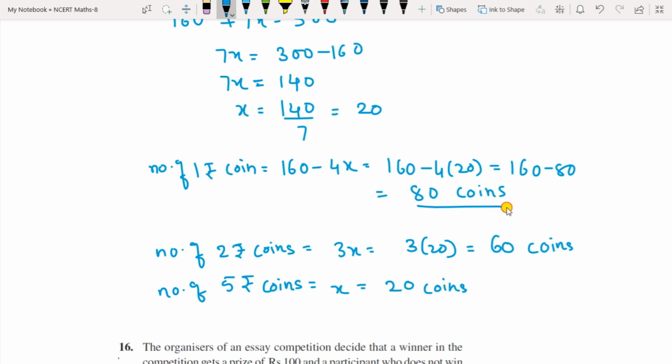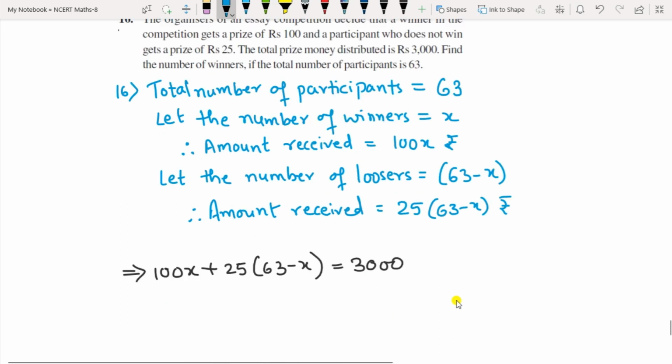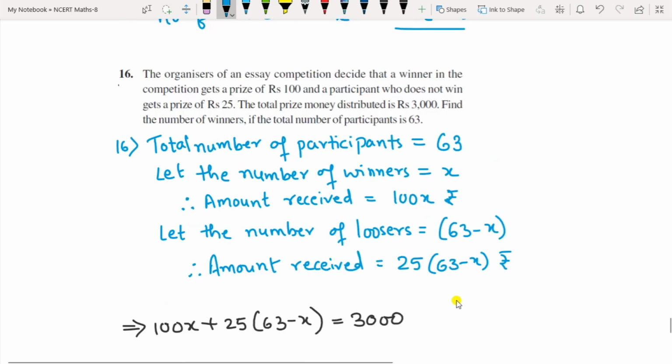And the number of 5 rupees coins is x only, so it is 20 coins. So these are the coins of each denomination: 80 coins of 1 rupee, 60 coins of 2 rupees and 20 coins of 5 rupees. The total counts out to be 300.